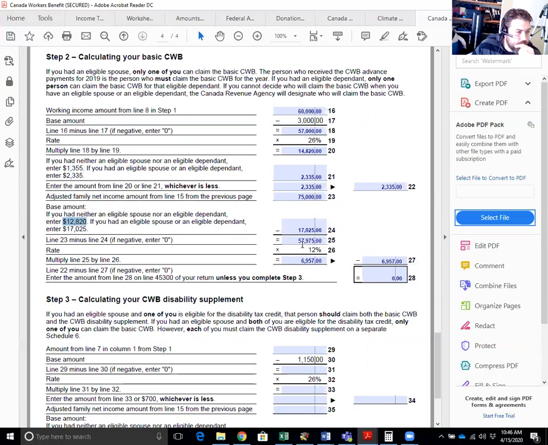Then line 23 minus line 24 times 12%. Multiply line 25 by line 26. So then we get an amount of 6,957. And this reduces our 2,335 amount to 0, because it's a negative number. It says if negative, enter 0.